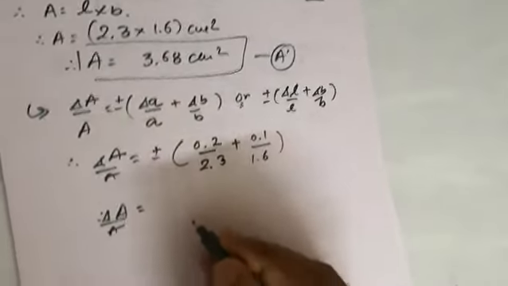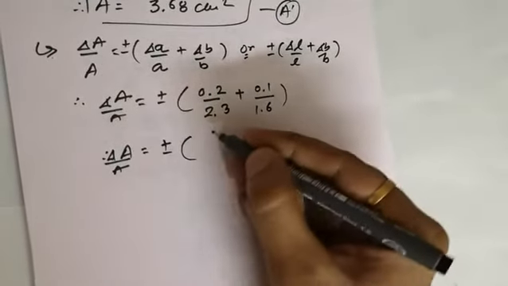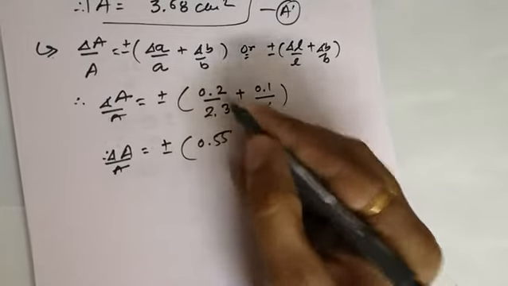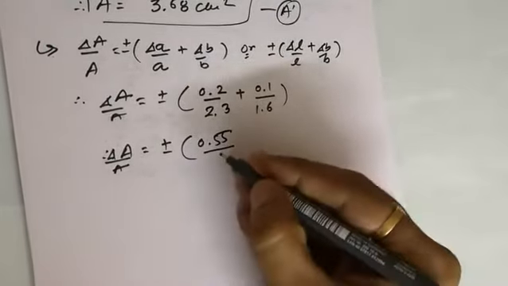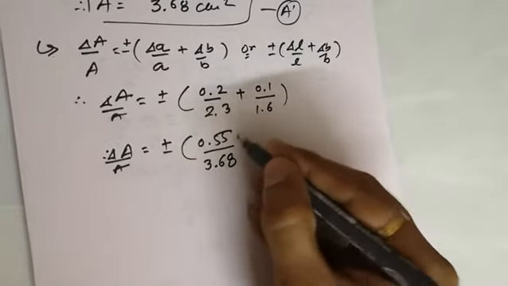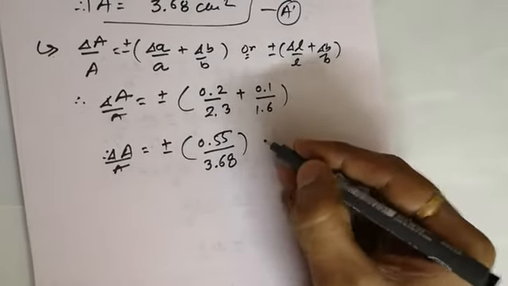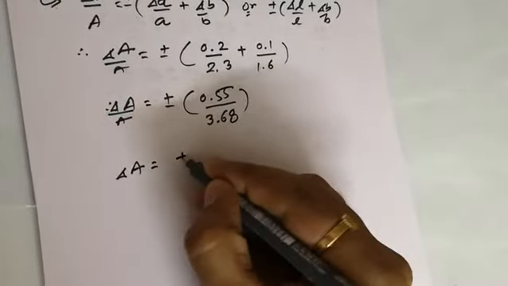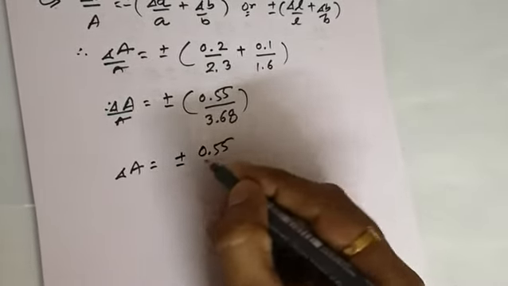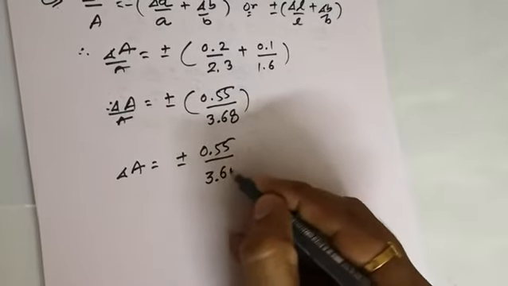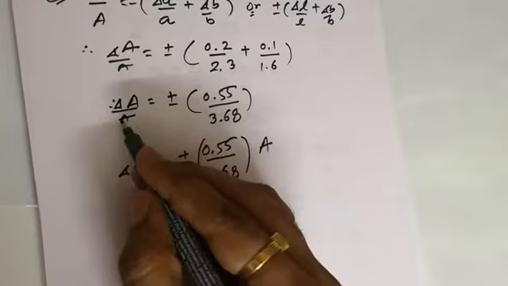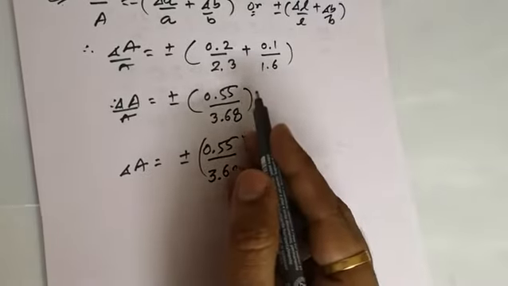Delta A by A is equal to plus or minus, I have the data ready, 0.55. After that, LCM and addition. A is 3.68. But I want to find delta A. So delta A equals plus or minus 0.55 divided by 3.68, multiplied by A, because I have just taken that A from this cross multiplication.